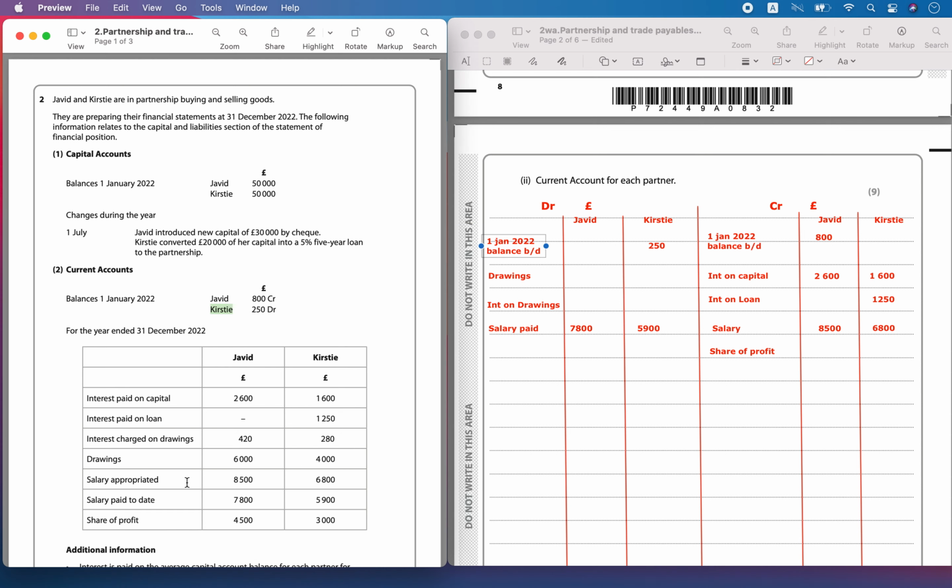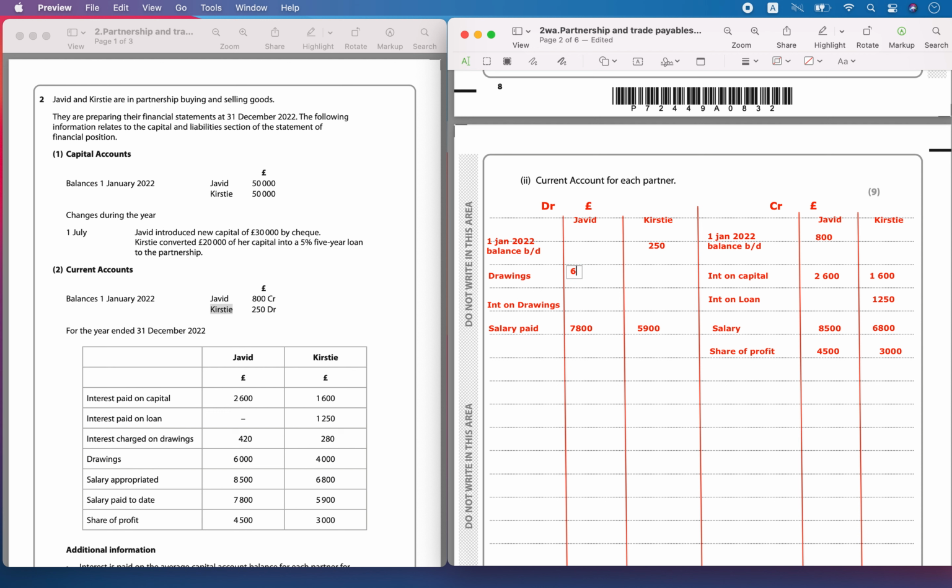Then we have to include share of profit. It is 4,500, and this is 3,000 for Kirstie. Then we have interest on drawings, 420.